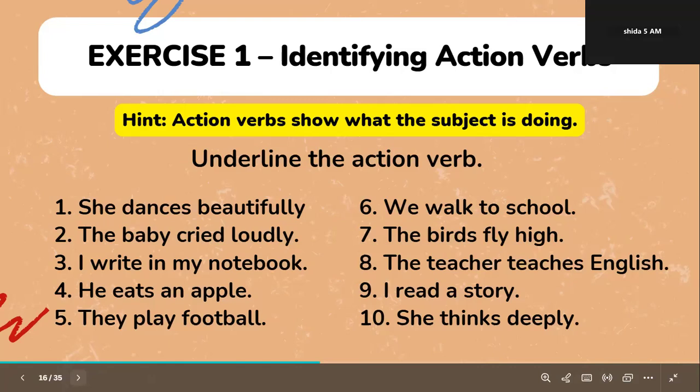So we have to underline the action verb in these sentences. Alright, here is your challenge. I will count from 1 to 5 and you have got to lock in your answer before I finish. Okay, let's do 2 or 3 questions, okay? Ready? Let's go. Pens up, brains on.